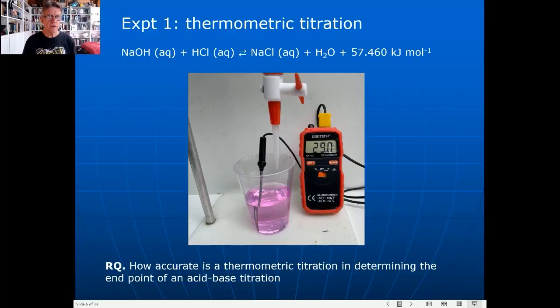This reads, because it's a digital scale, you can see on the screen, it'll read to plus or minus 0.1. So I'll just go back to that, and you'll see on the screen I've got 29.0, so that'll read to plus or minus 0.1. Okay, so the range for that reading would be 28.9 to 29.1.